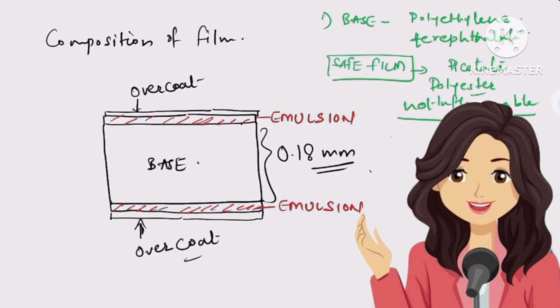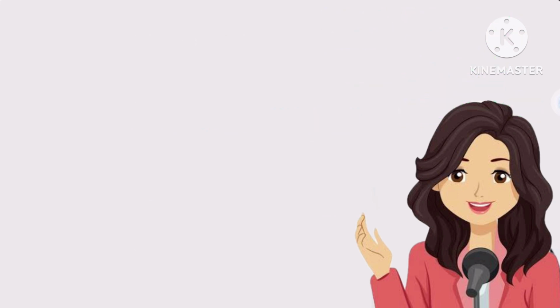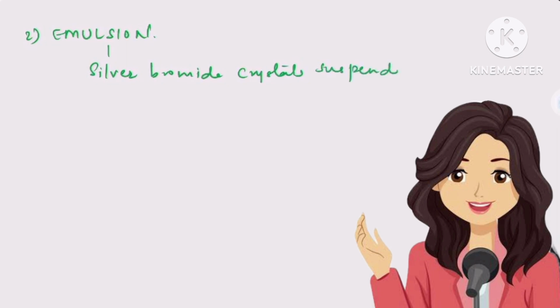Second one, we have the emulsion, which is very important when we study processing of the film. This emulsion comes into play. Emulsion is basically made up of silver bromide crystals suspended in gelatin.